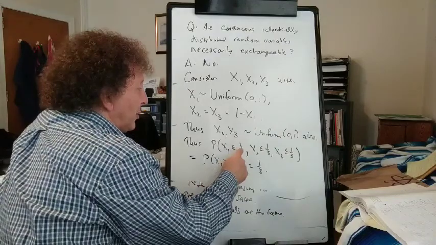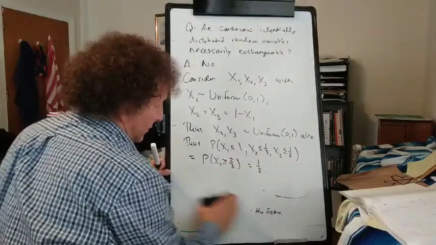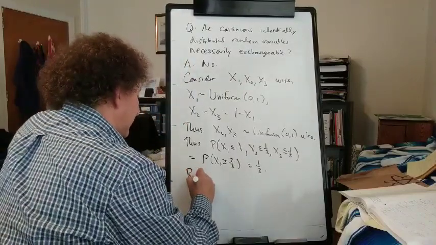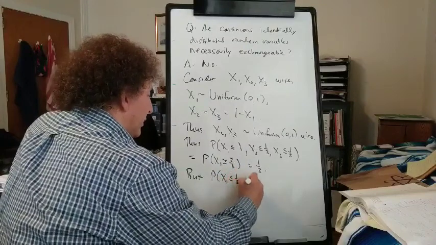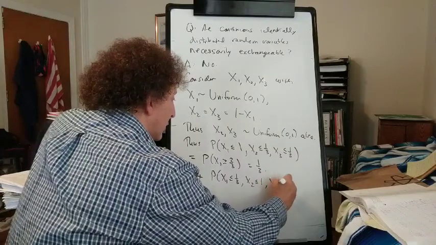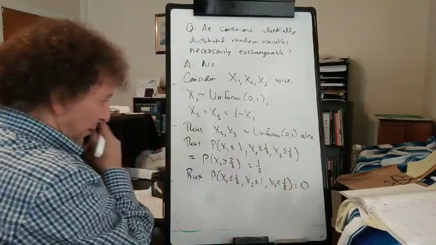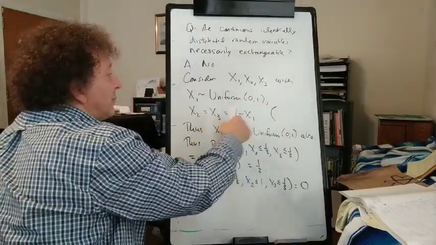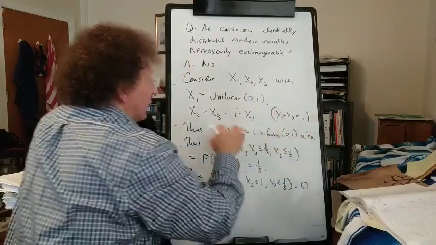But if we permute the numbers 1, 1/3, 1/3, and look at the rearrangement, 1/3, 1, 1/3, this probability is 0. Because X3 being 1 minus X1 means that X1 plus X3 is always equal to 1.